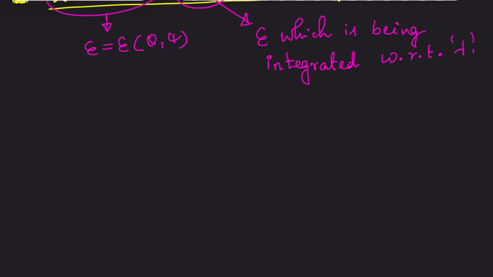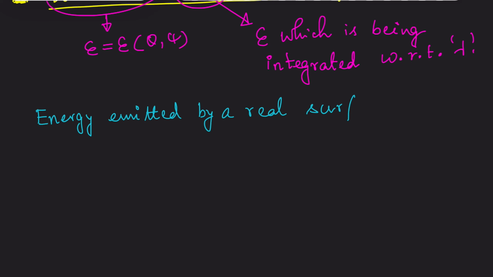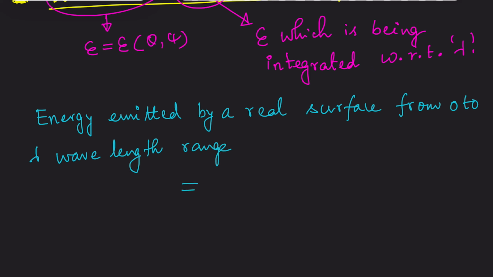What does that mean? Let me write it: energy emitted by a real surface from 0 to infinity wavelength range is equal to the integral of I dash lambda, which is a function of theta, psi, lambda, T, d lambda.